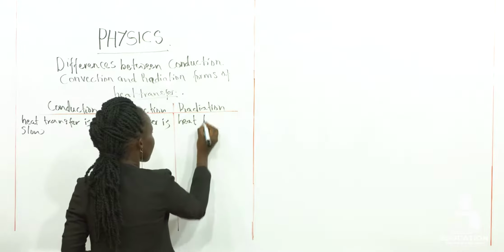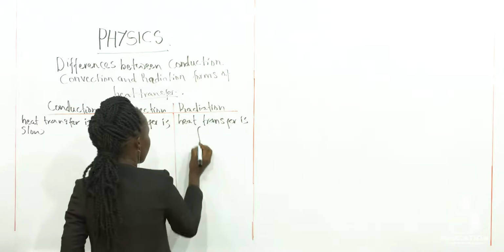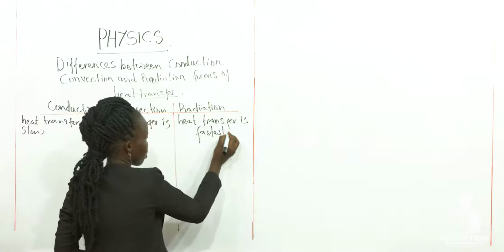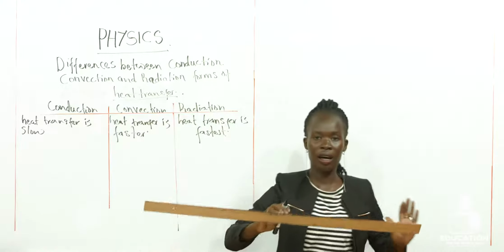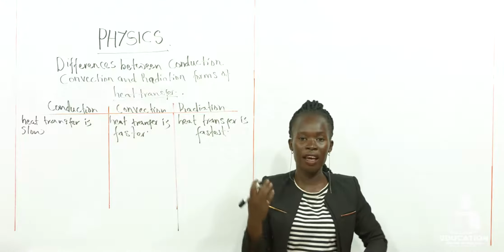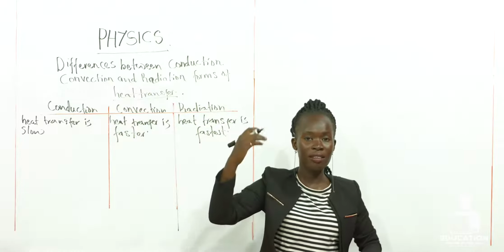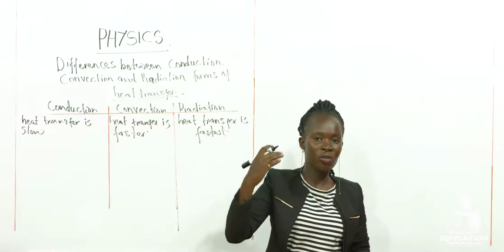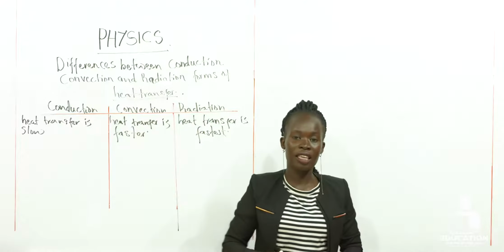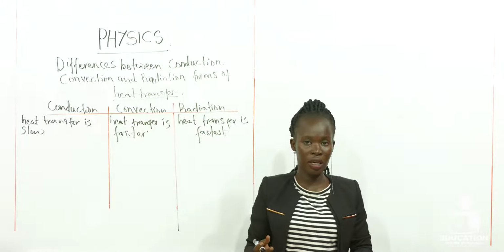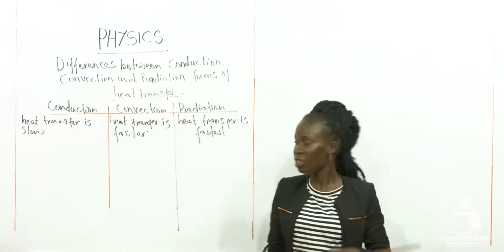So we shall say it is faster in a vacuum. That's why under the sun you can easily feel the effect of the sun's heat, because it is moving in a vacuum. For the radiation to come all the way from where the sun is to reach you on the surface of the earth, it needs to have a very high speed. So you see that light is very fast. If it is taking that speed, it can easily reach the surface of the earth.